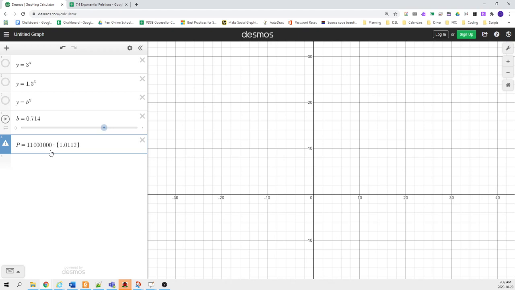And we'll use n for number of years. So we plot this, but we don't see anything, and that's because we haven't set our axes properly.